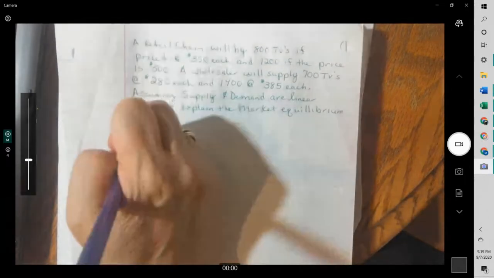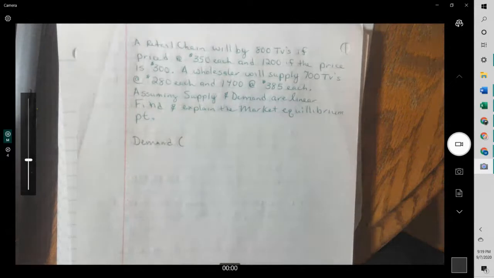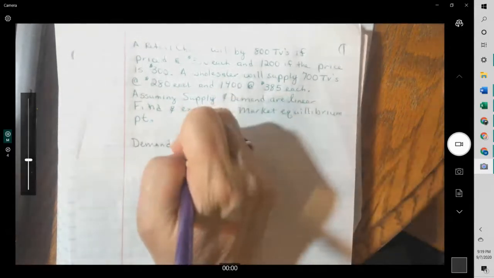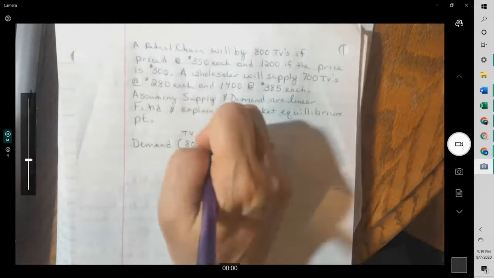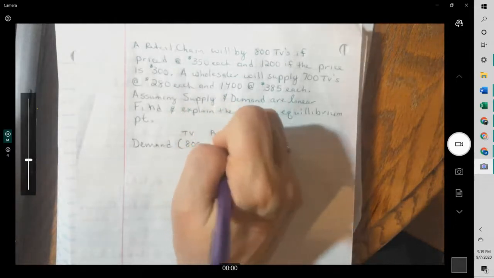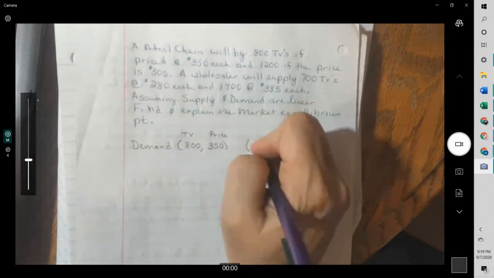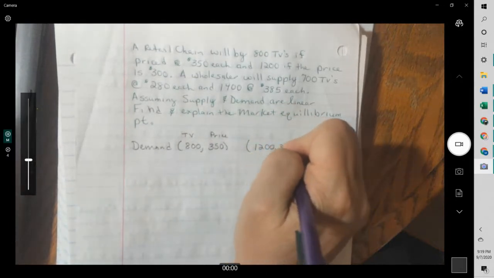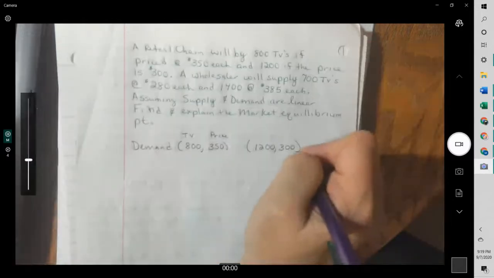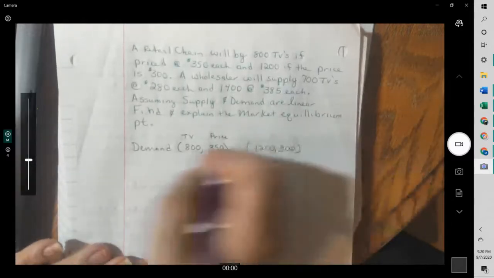So we have our demand: 800 TVs for 350 or 1,200 TVs for 300. And so we can find our demand equation using these two points.